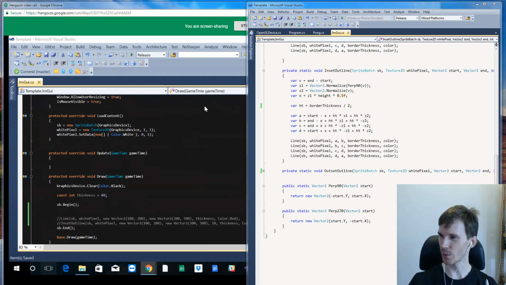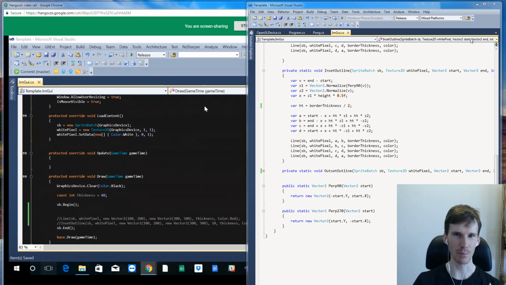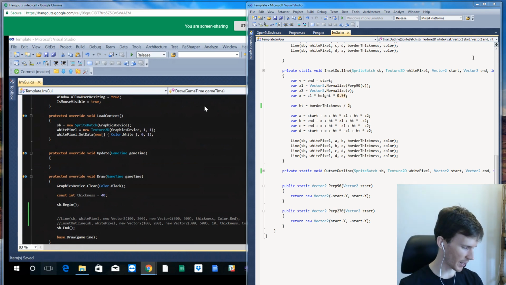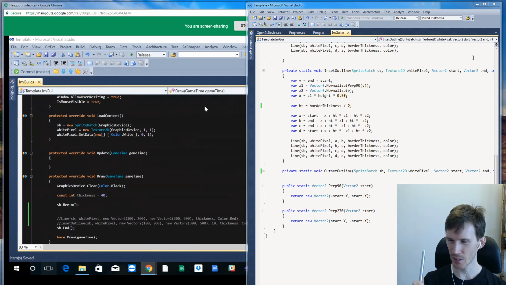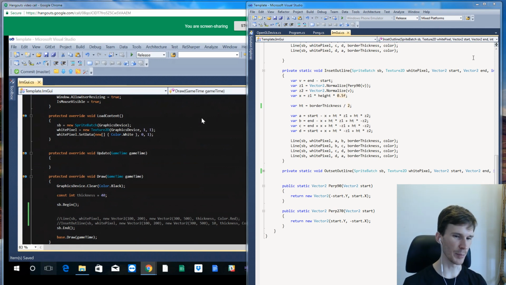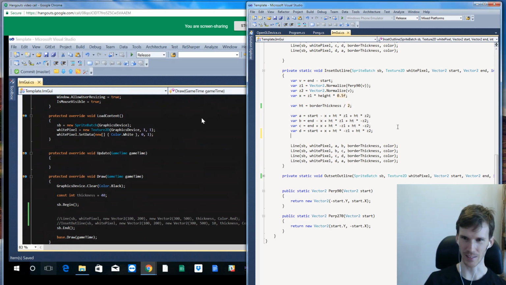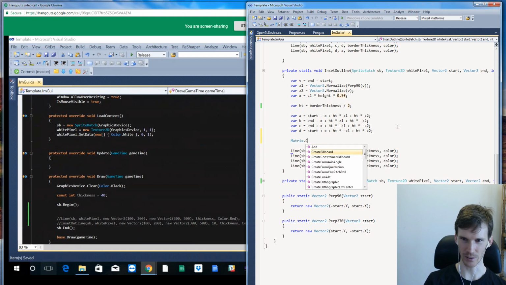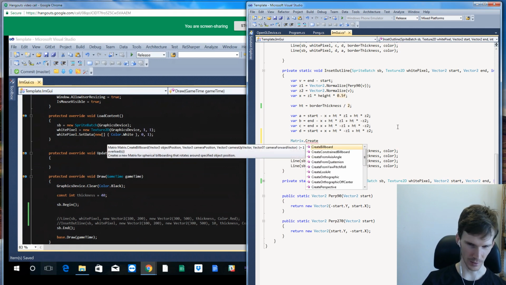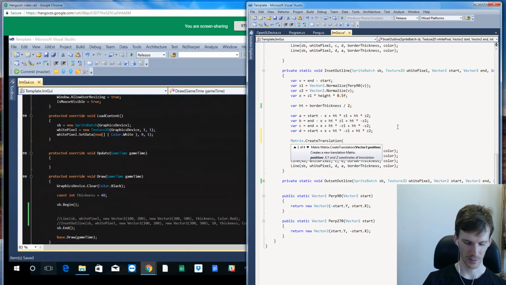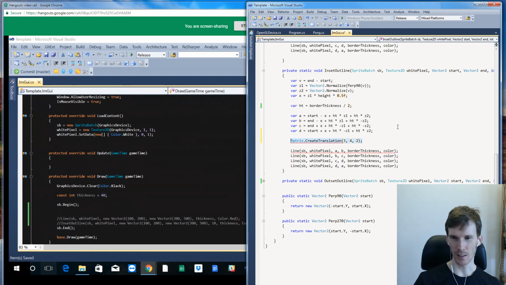We were just having a quick discussion about what we are going to cover today, which is matrices. Once you have the matrix class, with something like matrix dot create translation, vector, and so on, you just have the method.